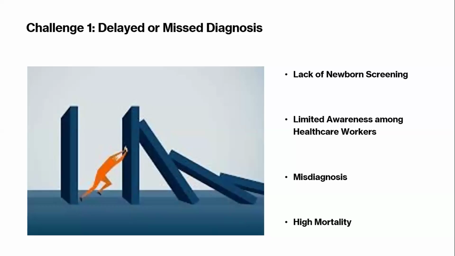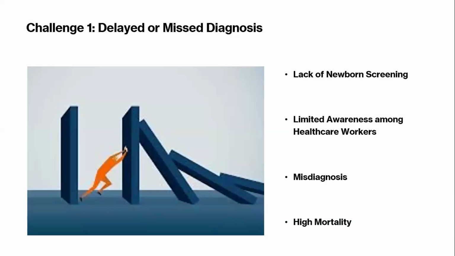But I think this is more common in the rural areas because of how remote these areas are. It's difficult for them to be in contact with people who would sit with them and tell them, okay, this is CAH and the child is born a girl, so this is most likely a girl.